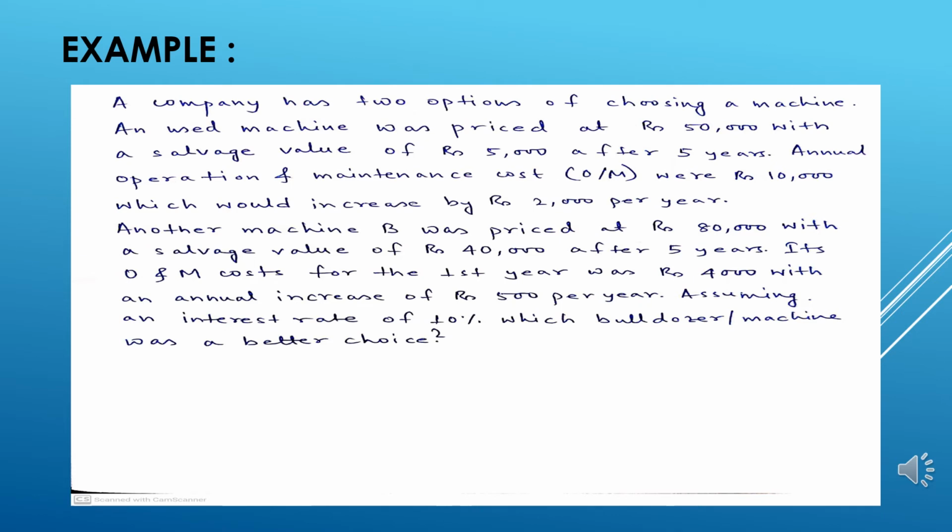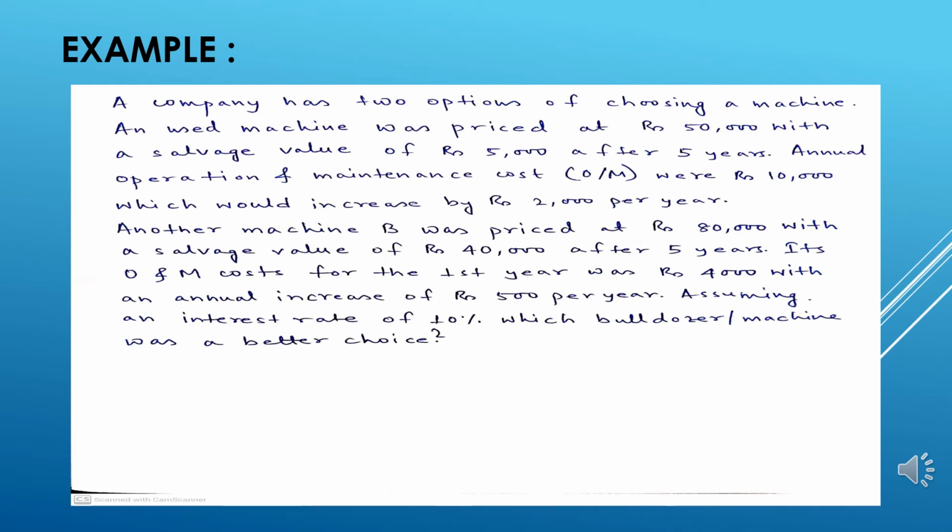Another example can be taken into consideration, where the organization has two options of choosing a machine. A used machine was priced at rupees 50,000 with a salvage value of rupees 5,000 after 5 years. Annual operations and maintenance cost was rupees 10,000 per annum, which would increase by 2,000 per year.